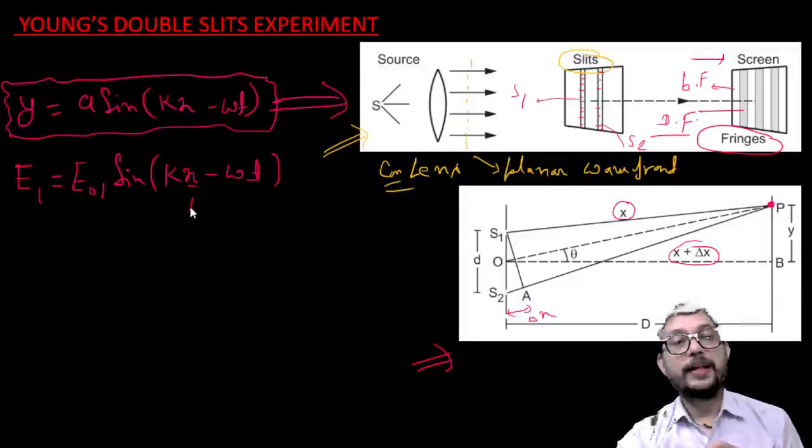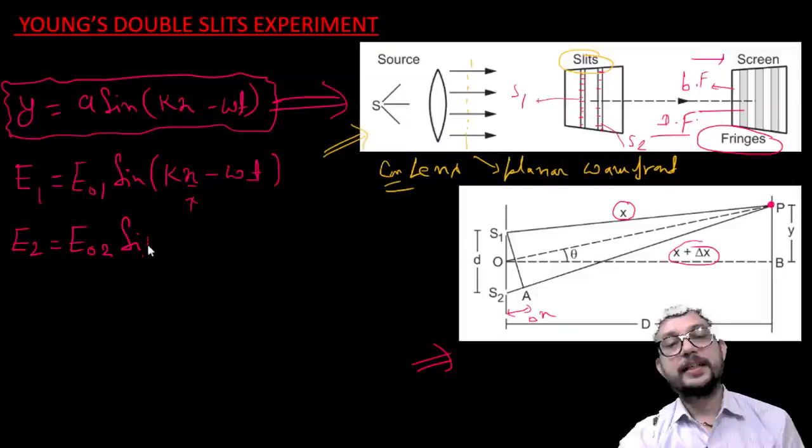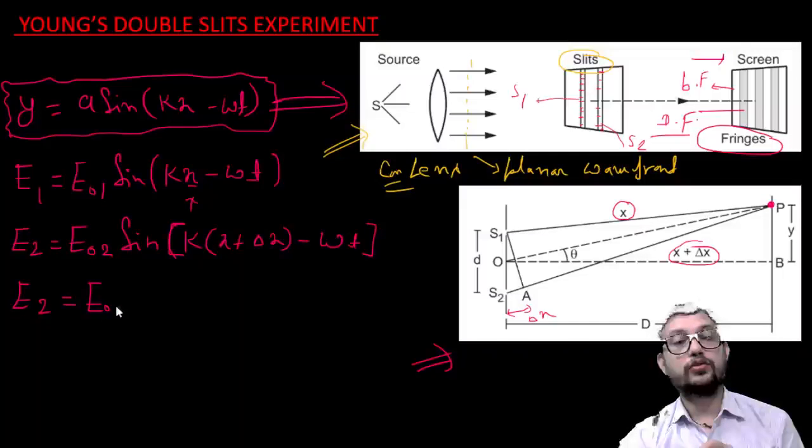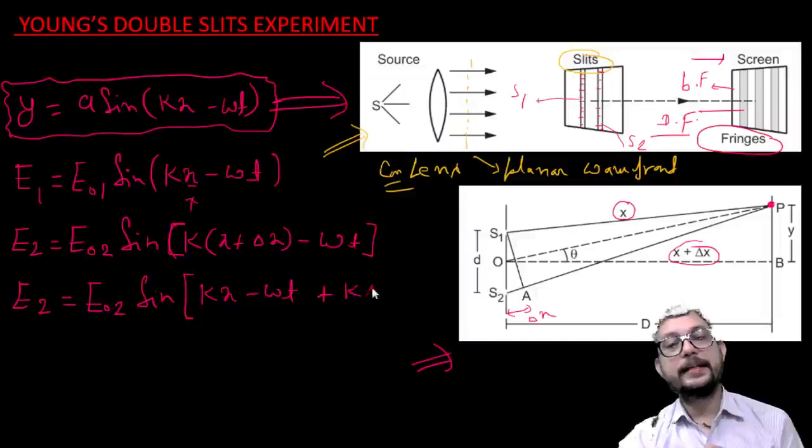So in place of x, for the second wave we take E2, which will be equal to E02 times sine k(x plus delta x) minus omega t. This is very notable. Now if we solve this, we get E02 sine, within brackets, (kx minus omega t plus k delta x).